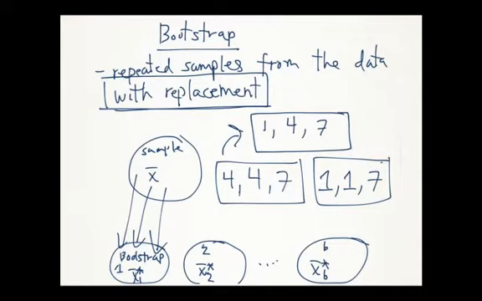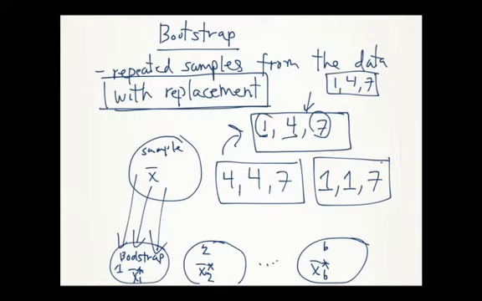The alternative to sampling with replacement is, of course, sampling without replacement. And if we were to sample from this data set here without replacement, we would just end up with 1, 4, and 7 back again, right? Because I would choose one of them, say 7, then it would be gone because it's without replacement. So I only have 1 and 4 to choose from.